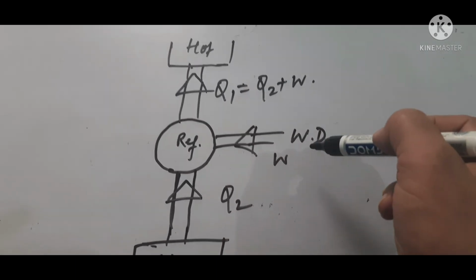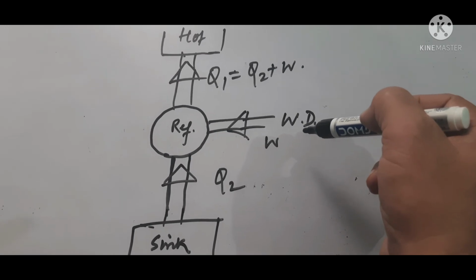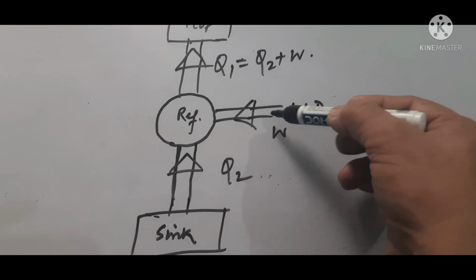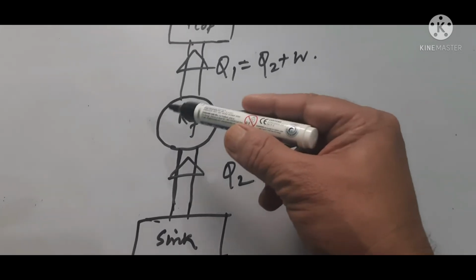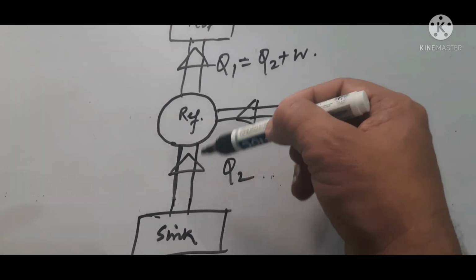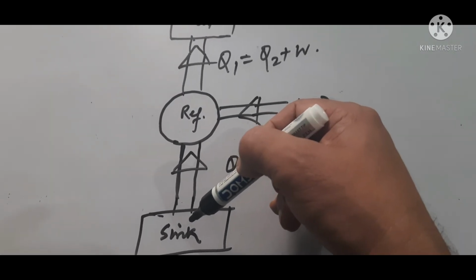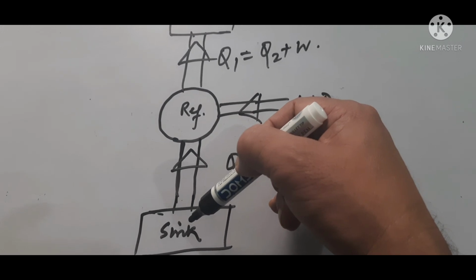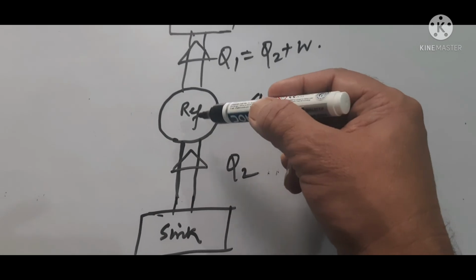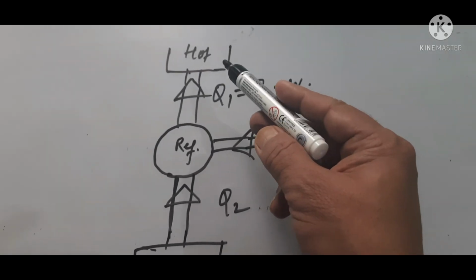So in case of a refrigerator, what happens? The compressor is doing work on the working substance, which is freon or ammonia gas or something. So they extract the heat from the eatable items and send it to the hot object.